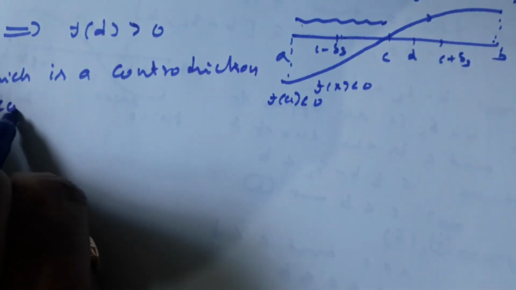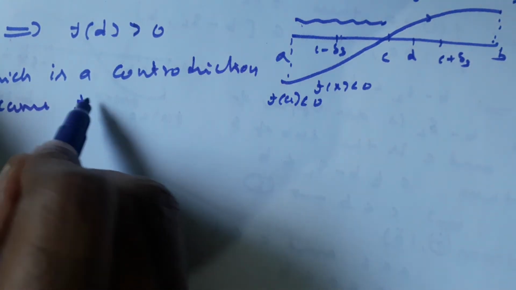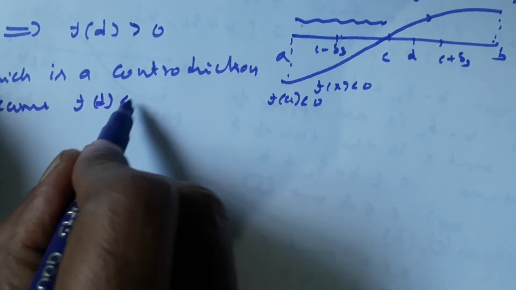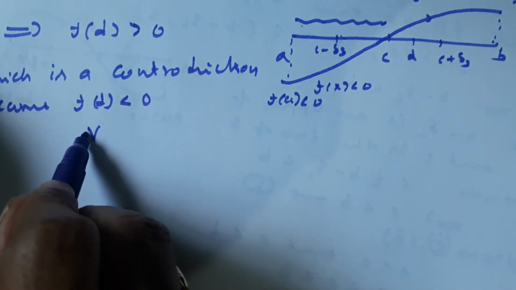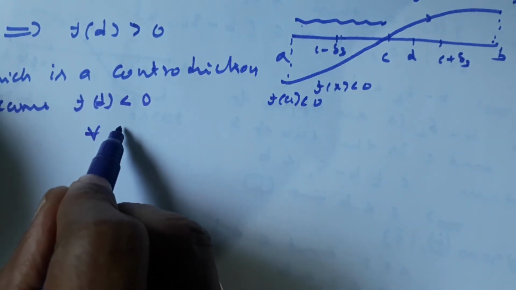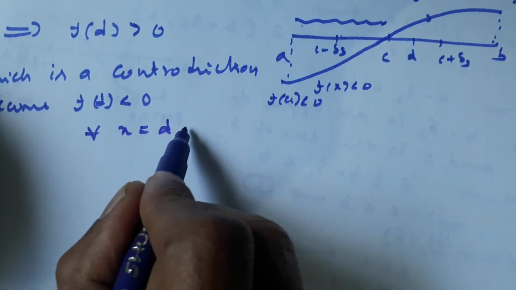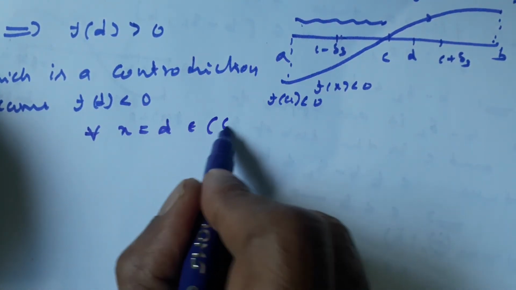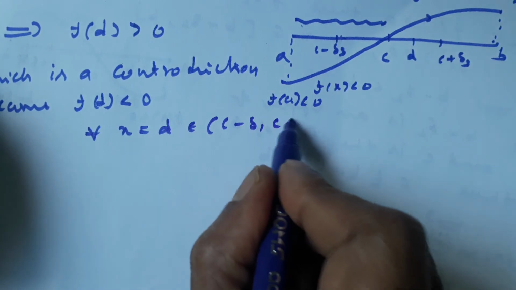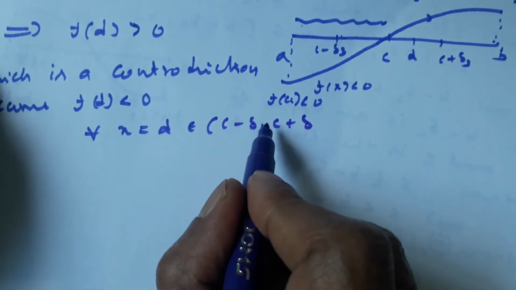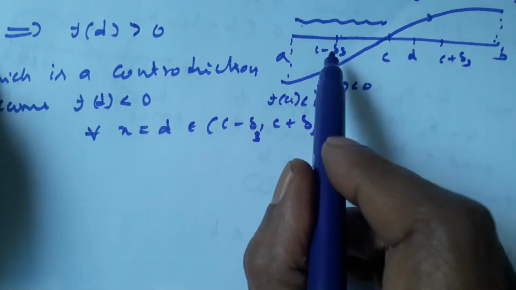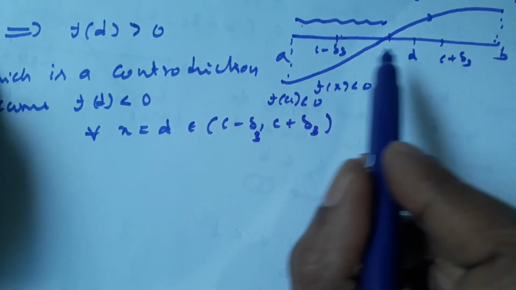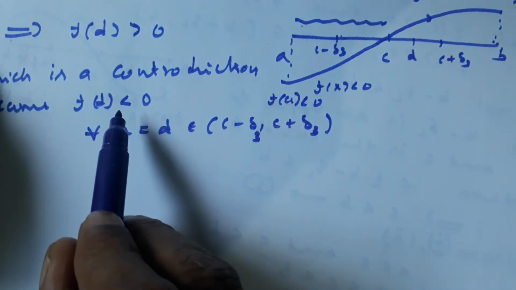Because f of D is less than 0 for all x equal to D belonging to the open interval C minus delta, C plus delta 3. So for this whole interval, f of D needs to be less than 0.